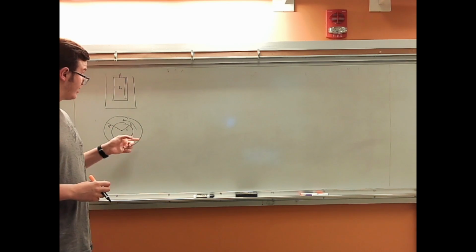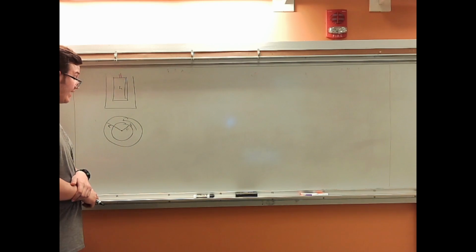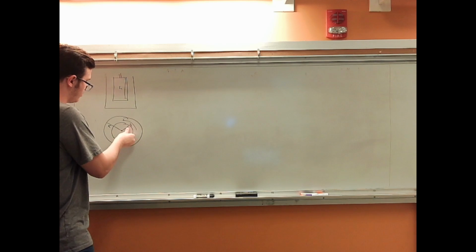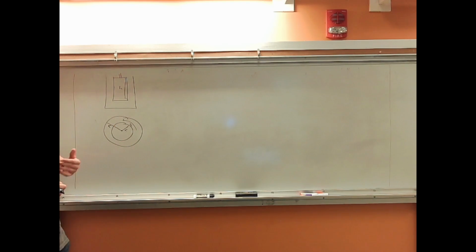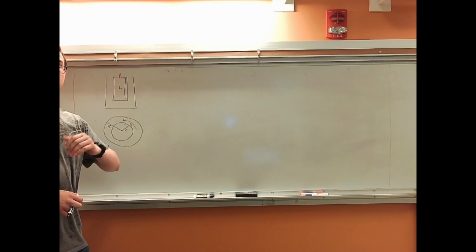So in there, the inner radius is Ri. The outer radius shown is R, and that arrow is the angular velocity.